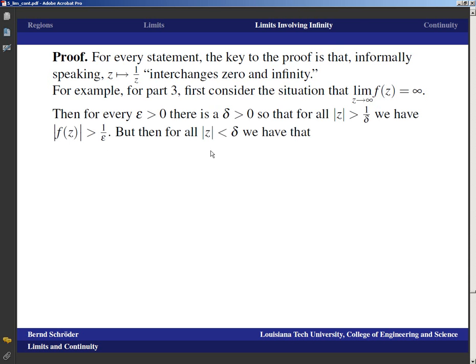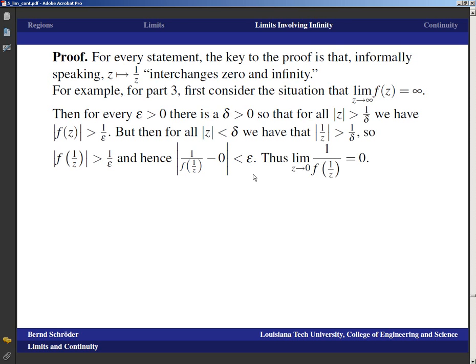Well, that means that for all z with absolute value smaller than delta, we have that 1 over z has absolute value greater than 1 over delta, which means that f of 1 over z is greater than 1 over epsilon, and hence 1 over f of 1 over z is smaller than epsilon, and if I subtract a 0, that doesn't change anything. And that says that the limit of 1 over f of 1 over z as z goes to 0 is in fact 0, which is what is stated here, so I wouldn't have needed to break my tongue on that one.